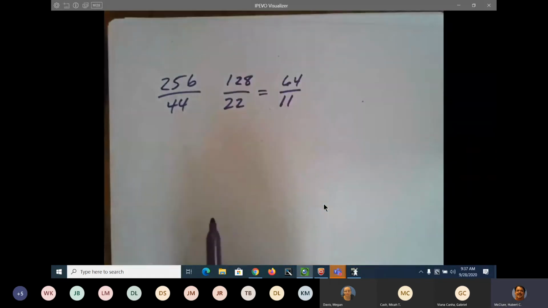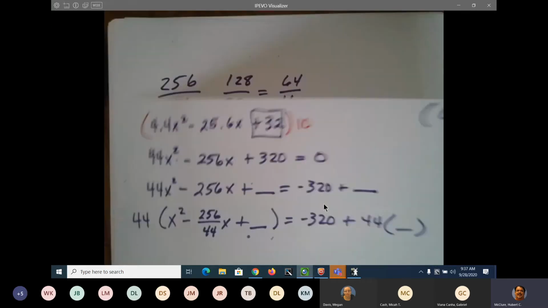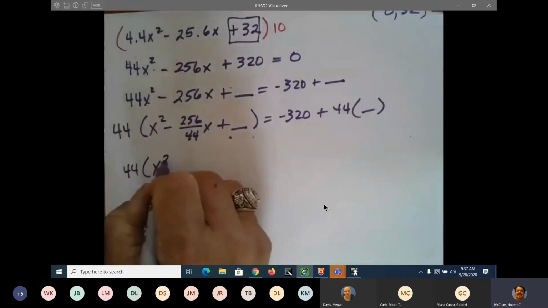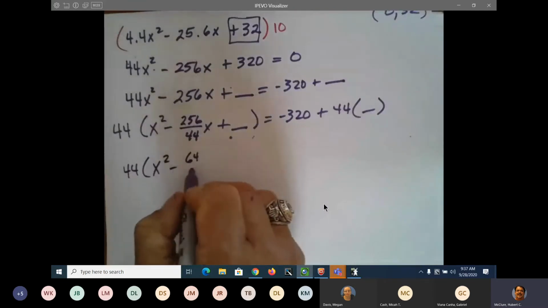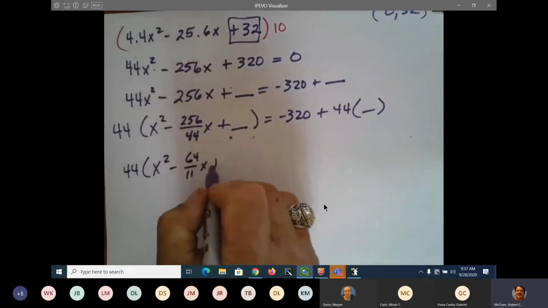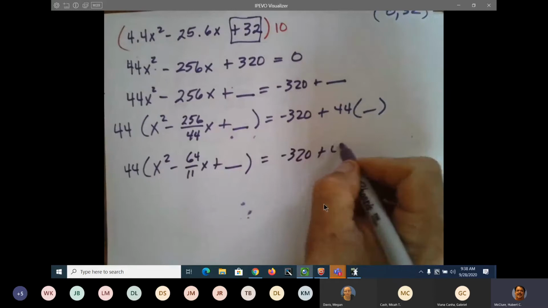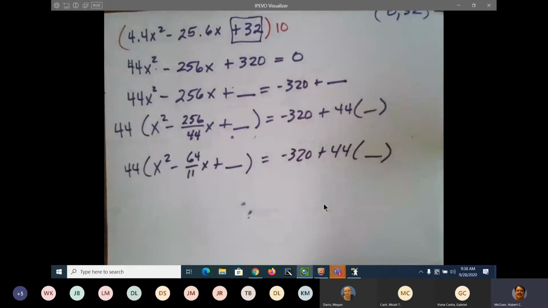See if y'all get 64 over 11. I think 128. Somebody just check 128 times 2 and see if it gives you 256. I think it will. 64 over 11. So 44x squared minus 64 over 11x plus blank is equal to negative 320 plus 44 times blank.